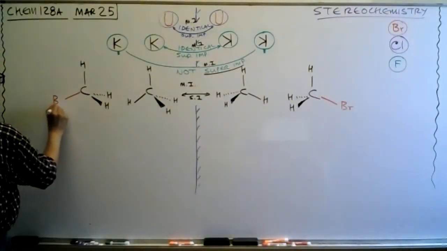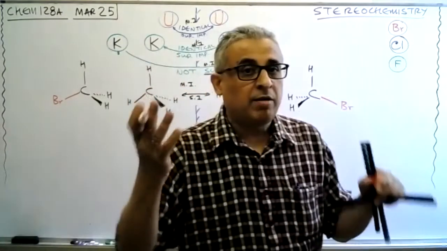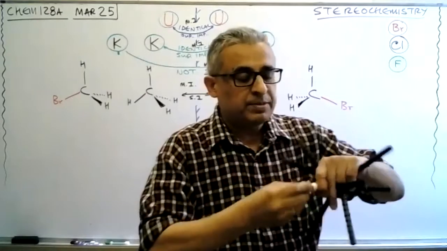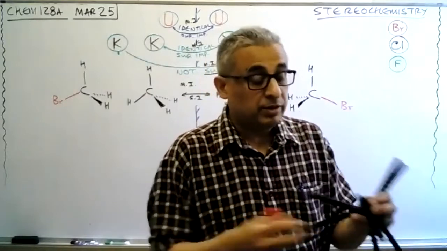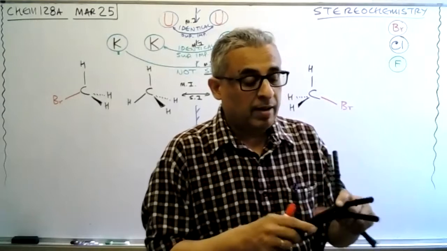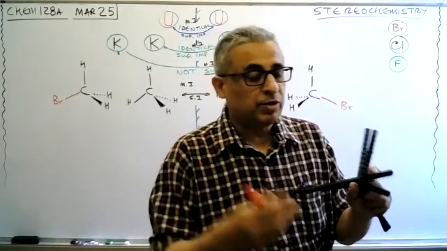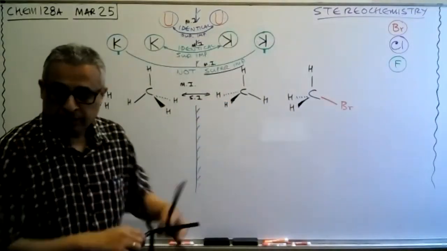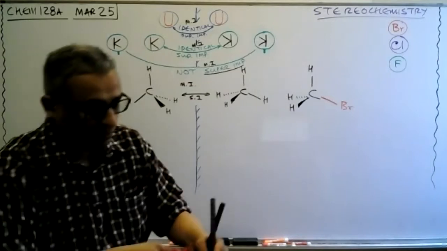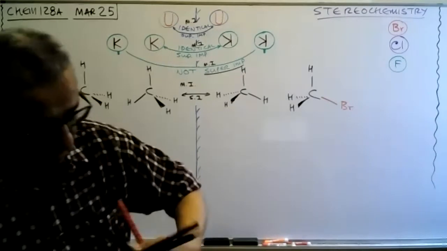I'm going slow because some of you may be gifted with understanding three-dimensional shapes and sizes, and some of you may not be. I have told you, I can see molecules, but I'm terrible when it comes to navigation. So I'm going to switch one with a red bromine. The black goes away and the red comes in.